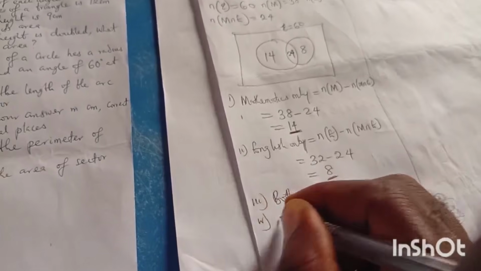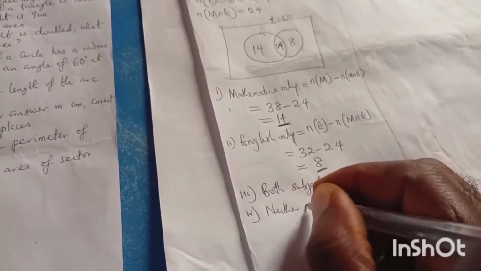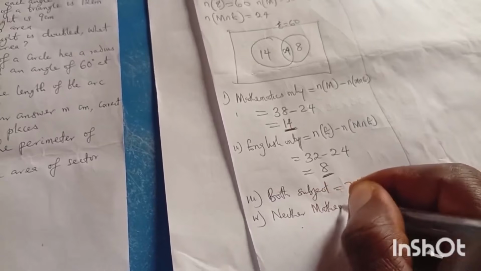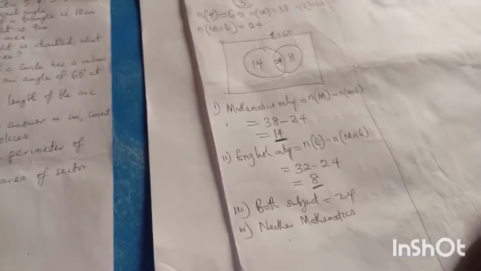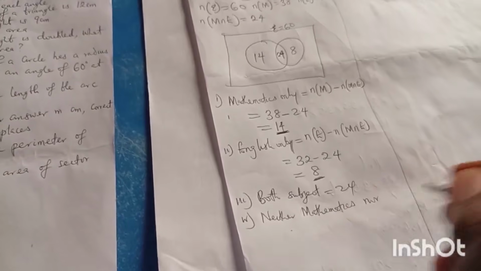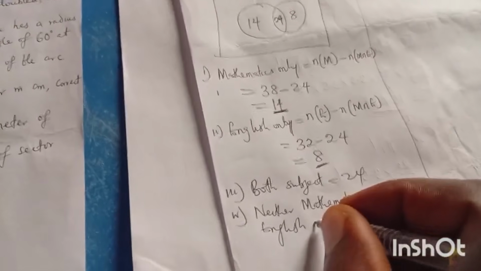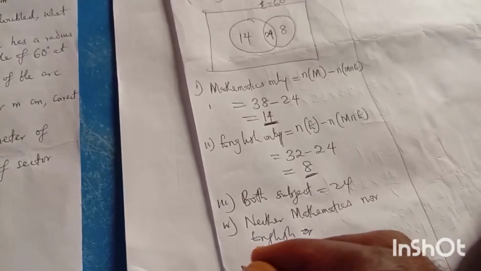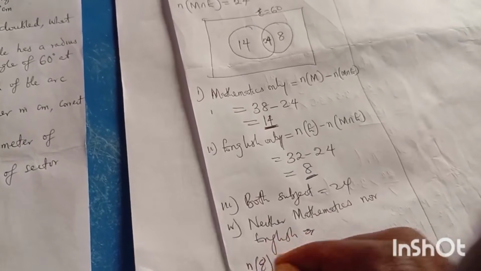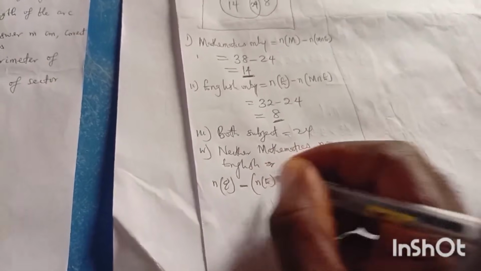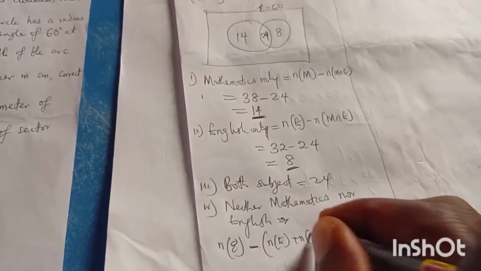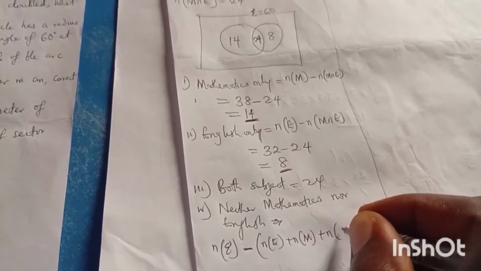For neither, that is, neither mathematics nor English, to find that one will be the total, that is the universal set itself, minus the number of English plus the number of mathematics plus the number of both.